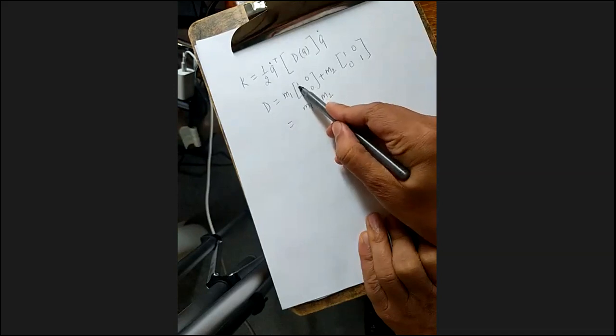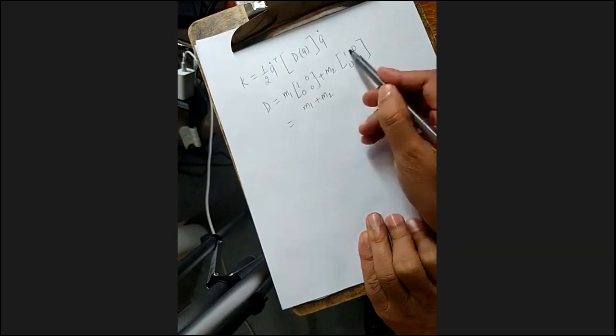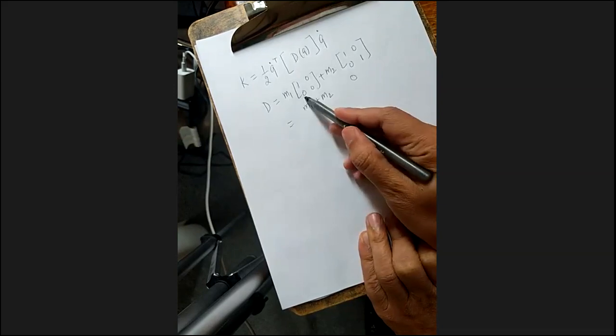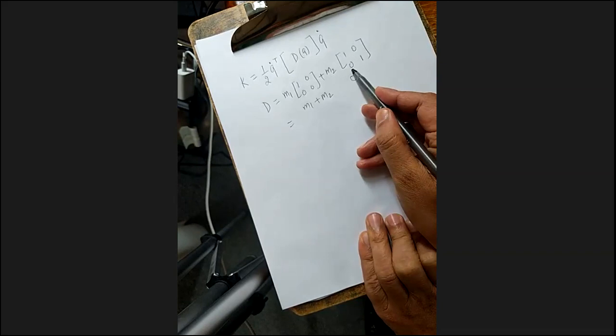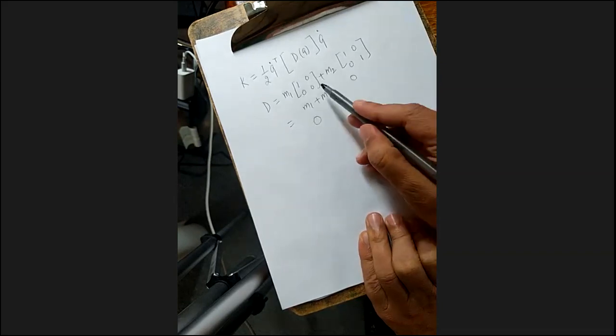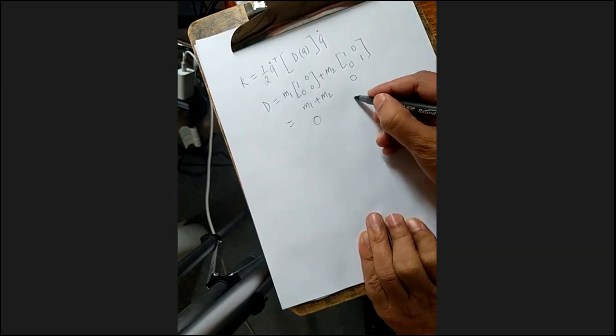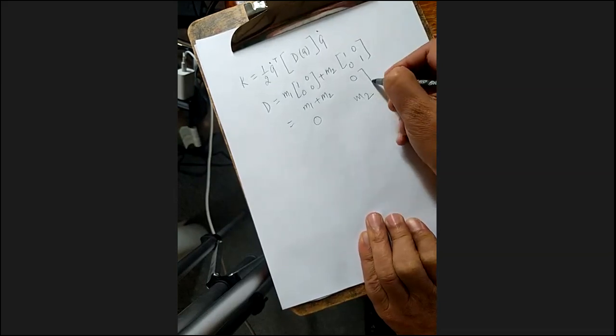So this is M1 plus M2, then 0 plus 0 is 0, M1 times 0 plus M2 times 0 is 0, and here again this is 0, this is M2. This is our D matrix.